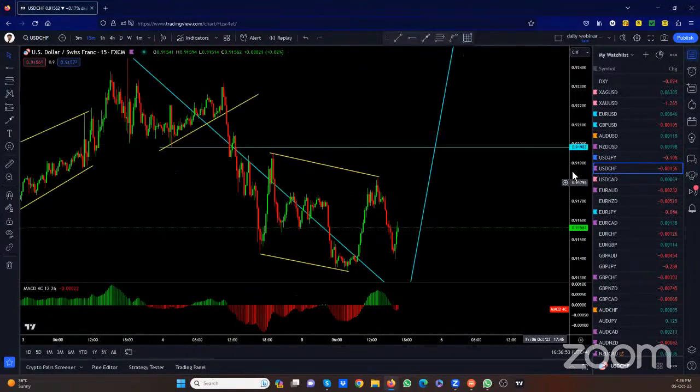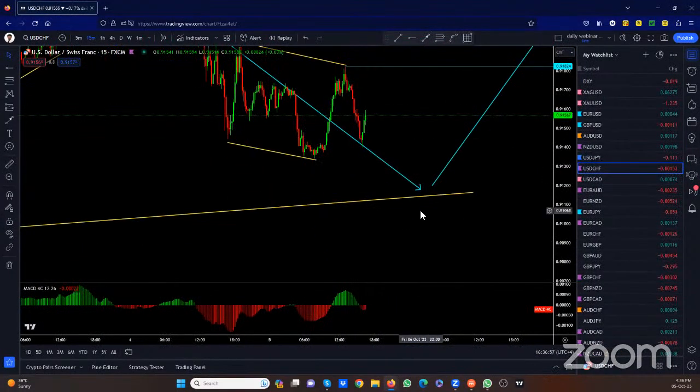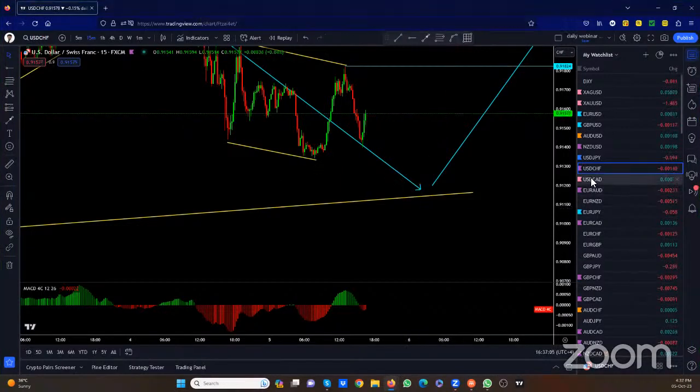Swiss. Nope, this has to go some more down because we didn't break this low either. So let this do this and come here and then look for the buy.